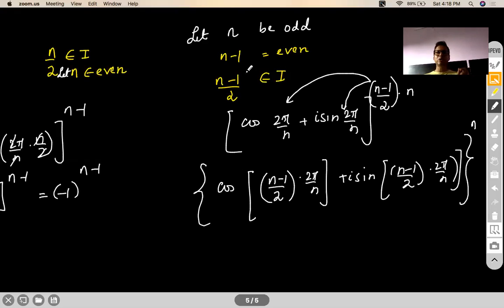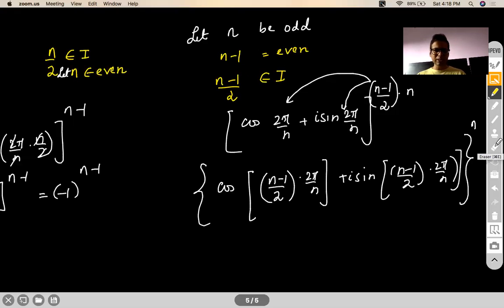So what I did now, since n is an odd number, n minus 1 is even, n minus 1 by 2 will be an integer. And according to De Moivre's theorem, if it is an integer, I can introduce it and multiply it to the argument of that complex number. Is that correct? So far it is convincing? No problem with this? Okay.